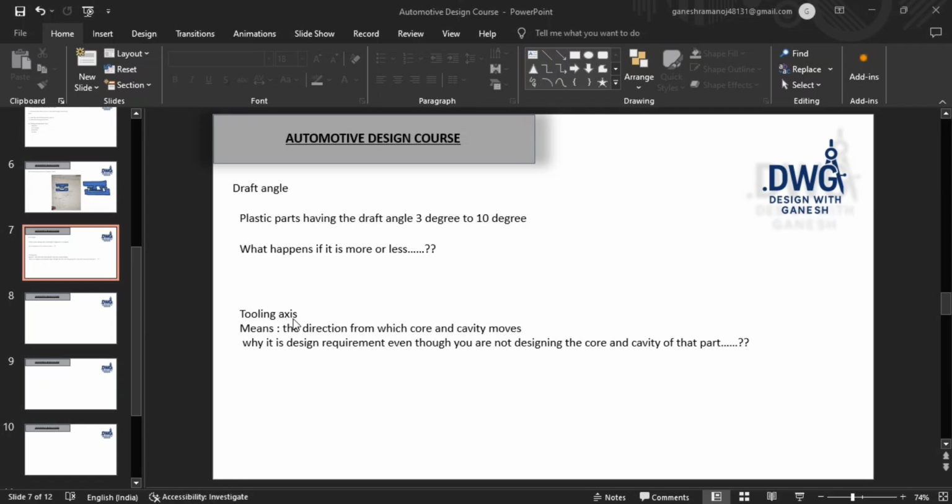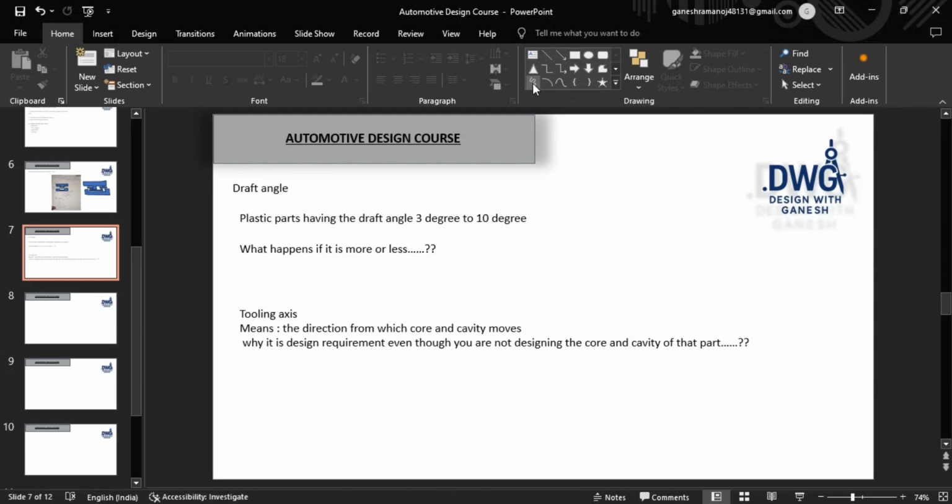Whenever you are specifying the tooling axis, you are telling the mold designer something. For example, let's take one line. When you specify the tooling axis like this, you are telling the core and cavity designer that this is the cavity, and this will be the core.